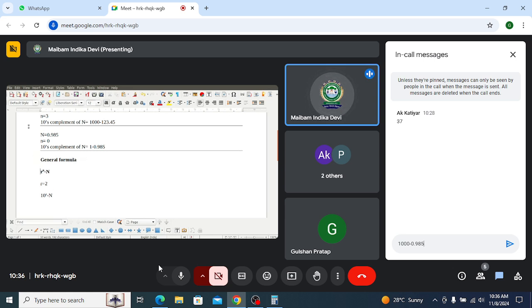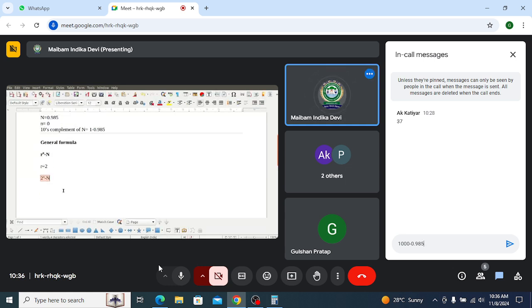Clear? So if r equals 10, that is a decimal number, it will be 10 to the power n minus 1. If r equals 2, it will be 2 to the power n minus 1 and minus n. Understood so far? This is the formula. Understood? Yes or no so far?